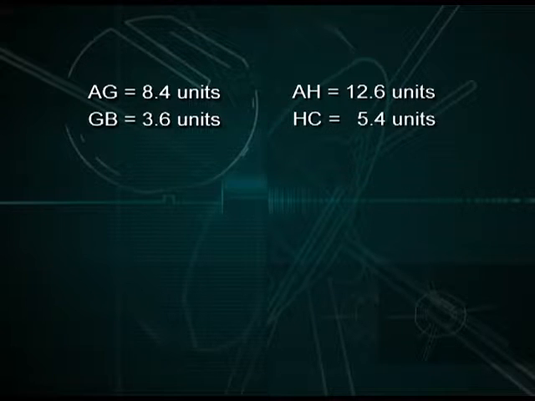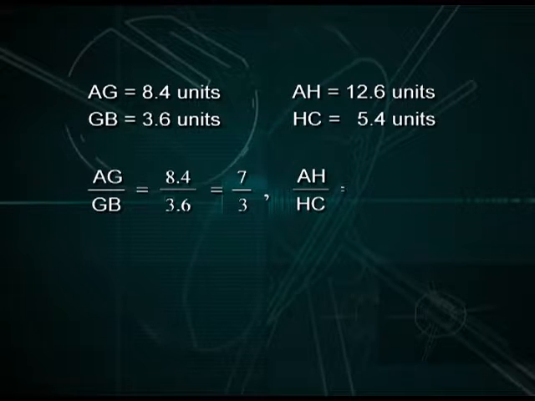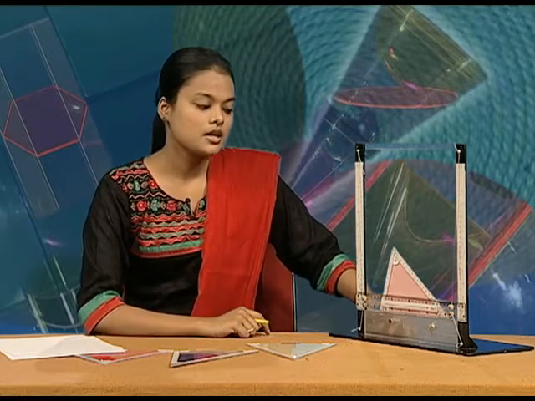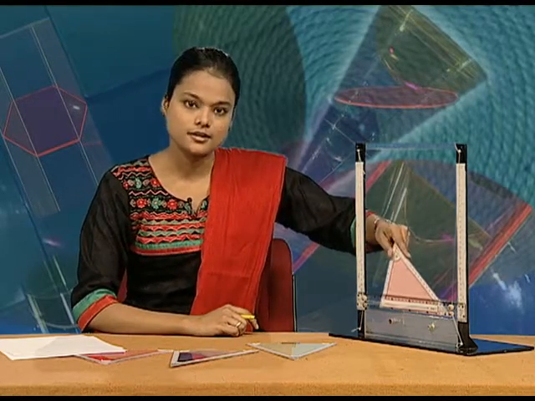Again, by mathematical manipulation, AG by GB is 8.4 upon 3.6, which comes out to be 7 by 3, and AH by HC is 12.6 upon 5.4, which is again 7 by 3. This shows that the other two sides are divided in the same ratio. Now let us take another case.